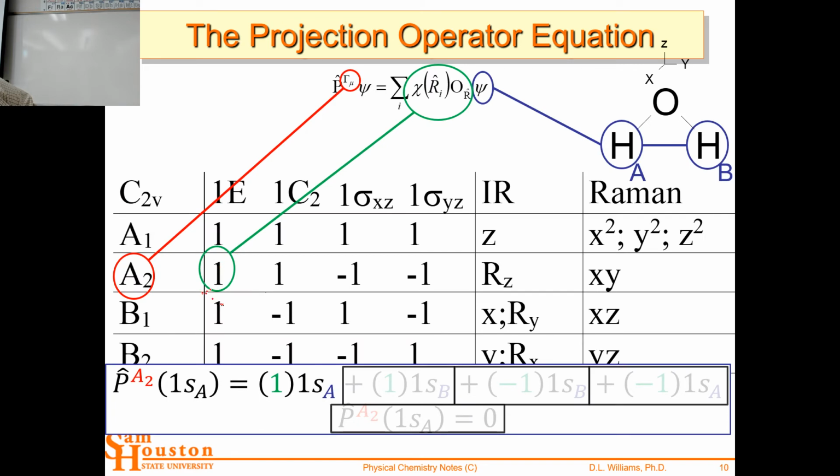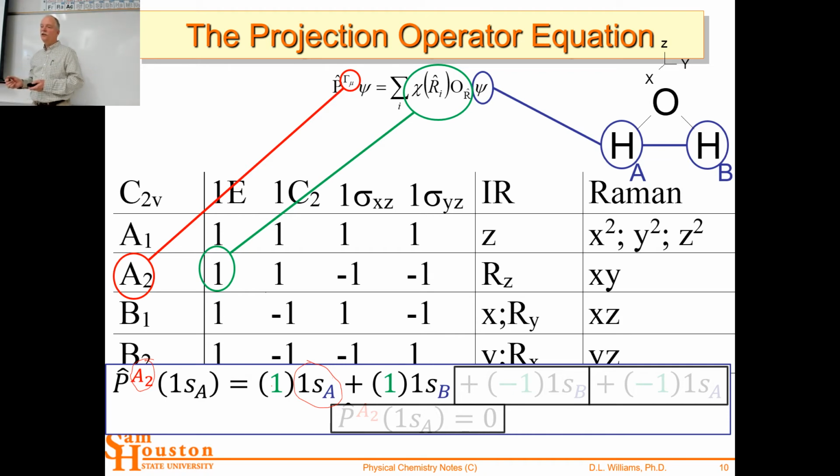Let's do the A2 example. So we're operating still on the 1s on atom A. I've got the E column written here. We have a +1 for the character, and we're doing this second row, A2. If we do the C2, we get 1s on atom B. And so the A's and B's will look just like the previous example, but the only thing that will change will be those coefficients, the +1s and the -1s.